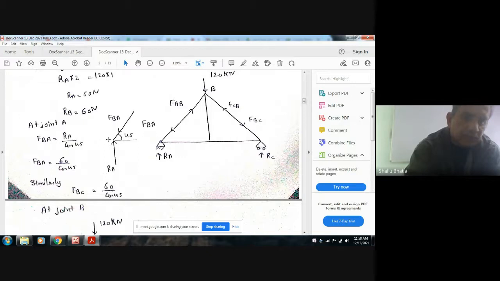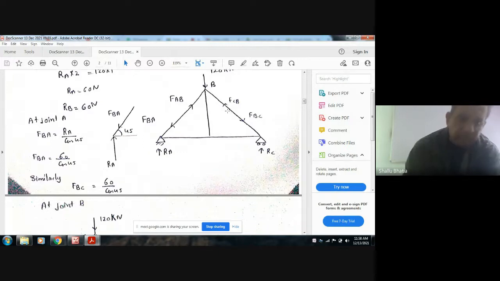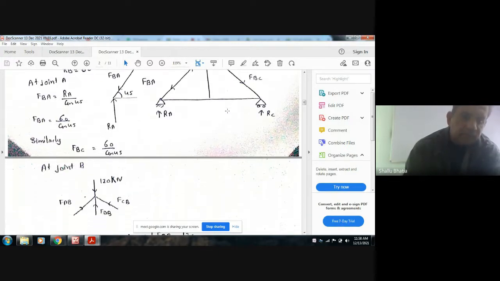So FBA will be 60 by cos 45. So FAB will also be 60 by cos 45. Now similarly we can find FCB. So FCB will be 60 by cos 45.